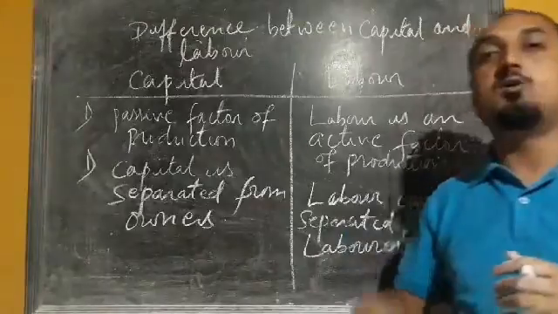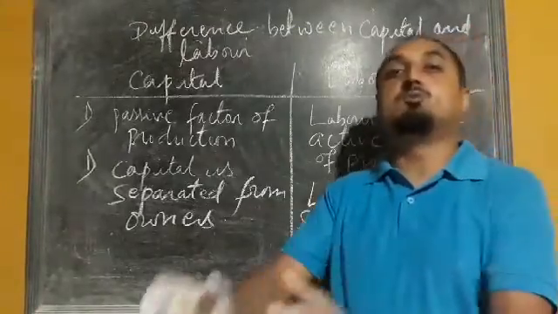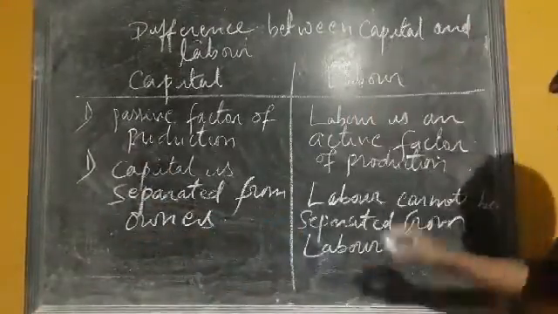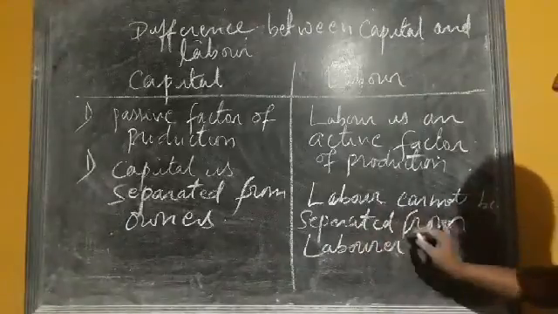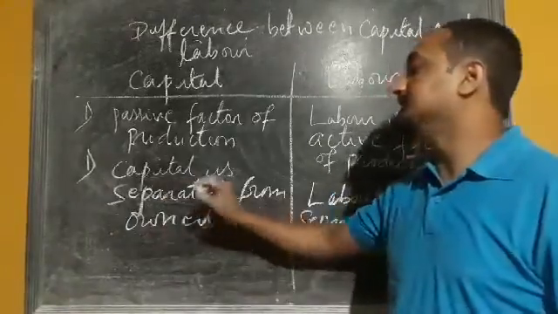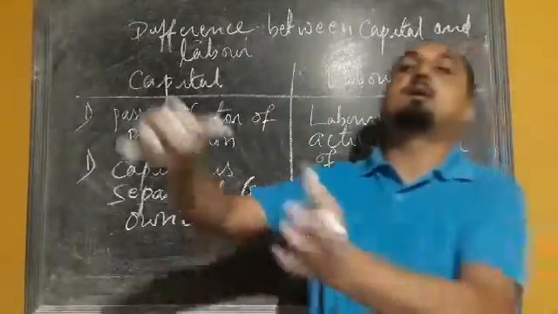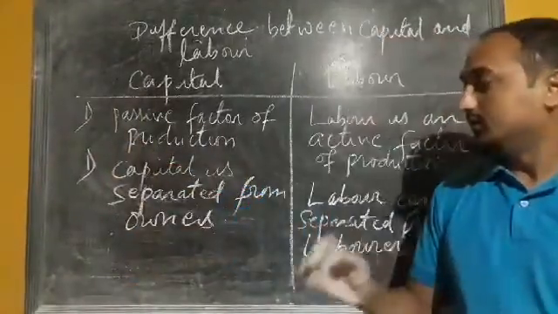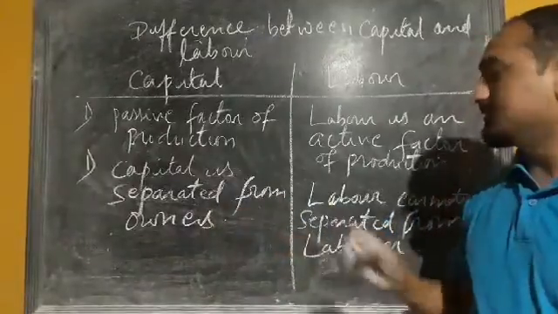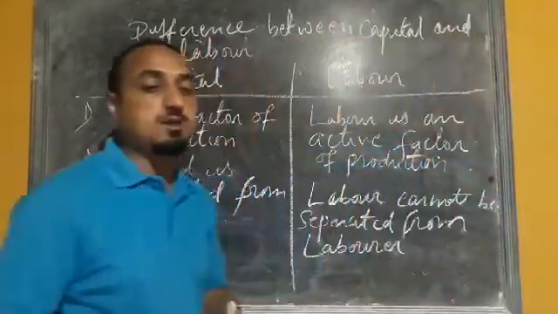The effort, physical or mental, will remain attached to that laborer. That's why it is called labor cannot be separated from a laborer, whereas capital is separated from owners. It means the owner can be somebody else and the capital can be another. So here it is possible to separate, but in the case of labor it is not possible.